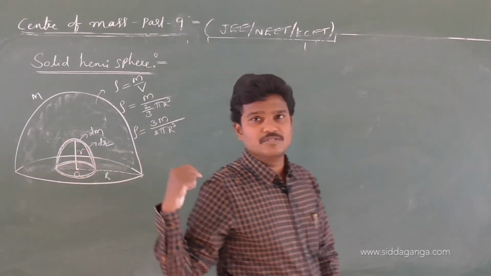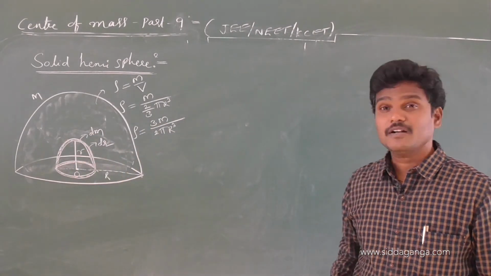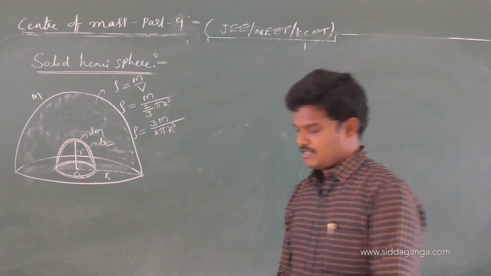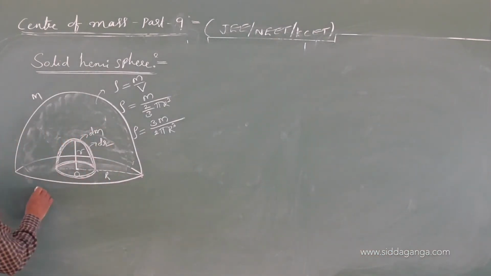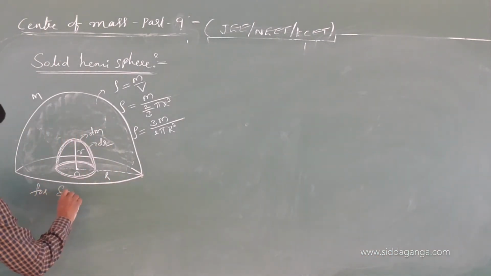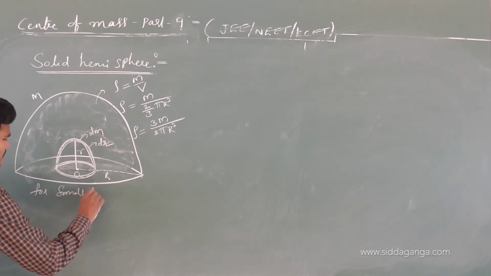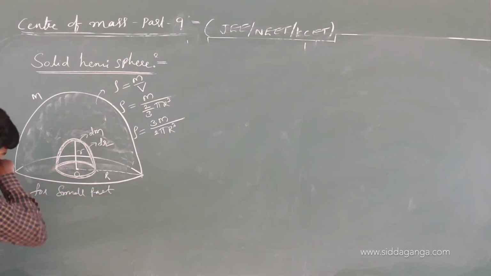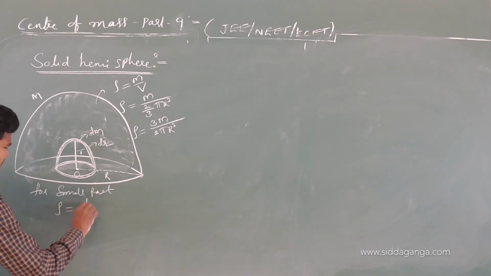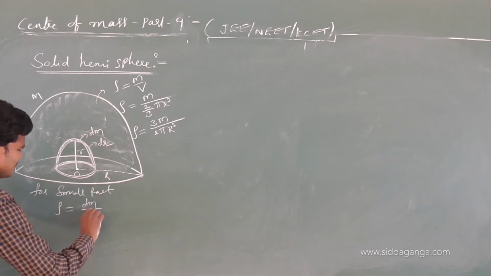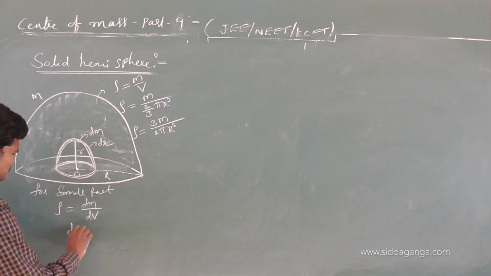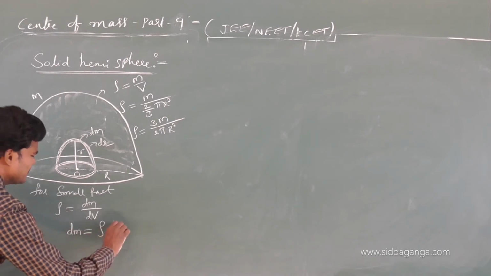Take the small piece outside. Thickness is dr, mass is dm. Now for the small part, rho is equal to dm by dv, so dm is equal to rho into dv.